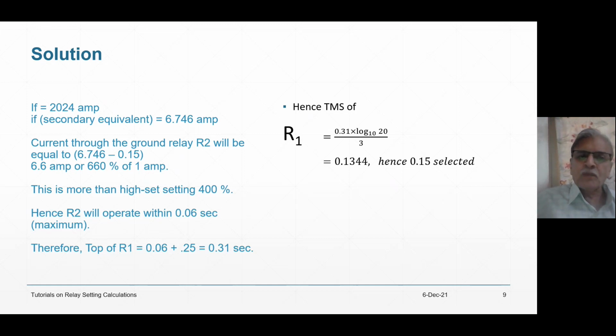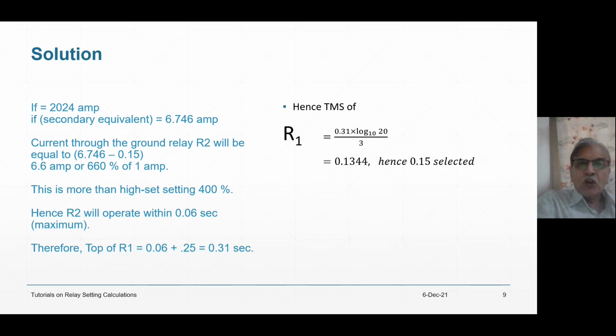So R2 will not follow that inverse curve. R2 will operate instantaneously, that is maximum 3 cycles. I take 0.06 seconds. 20 millisecond is 1 cycle, 60 millisecond 3 cycles, 0.06 for R2. Therefore for R1, 0.25, that is the discrimination margin which I usually add. And therefore TMS of R1 is 0.31, that is required into log 1020.